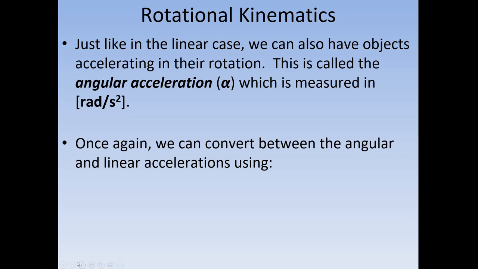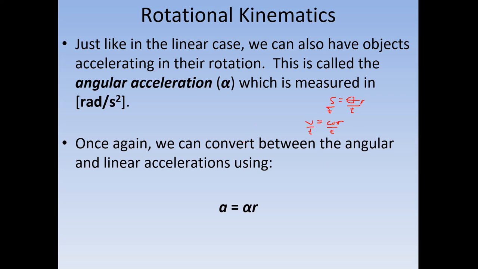If I use my same trick as before, if you recall, last time I said that since s equals theta r, dividing theta and s by t gets me omega. V equals omega r. Doing the same thing, dividing this by time again, because it's how quickly the velocity and angular velocity change, I end up getting a equals alpha r.